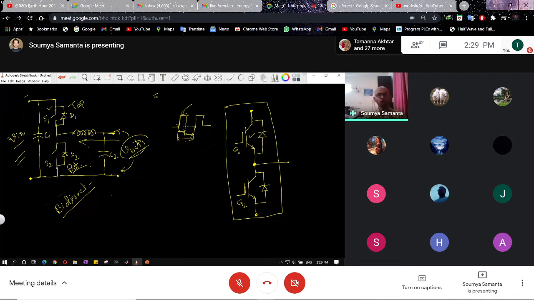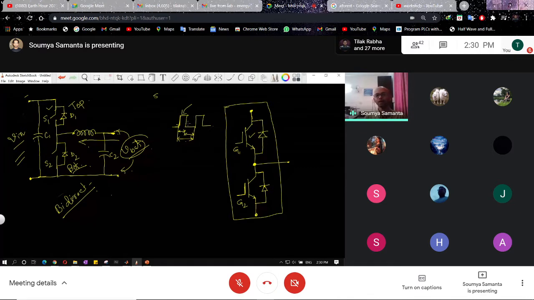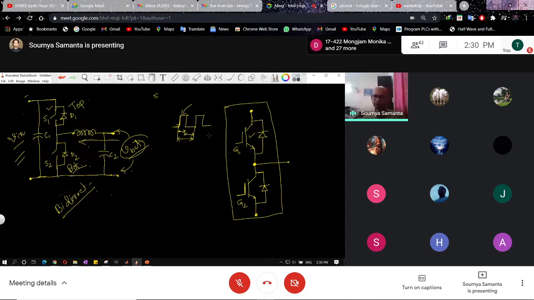The way we control this on time and off time is basically done by the control system. So this is the pulse width, and this is called pulse width modulation. Modulation means changing the on and off time. Where do we put this gate pulse? Here. This pulse is given to the gate.